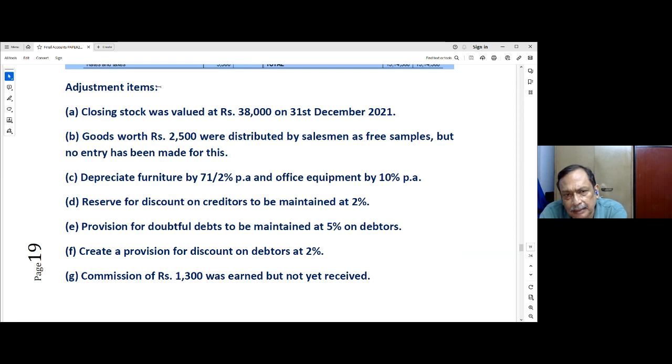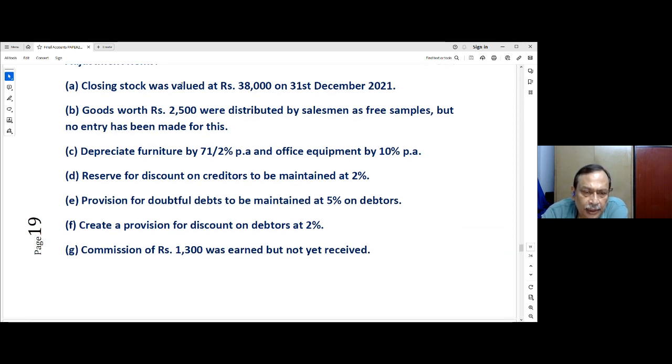Depreciate furniture by 7.5% per annum and office equipment by 10% per annum. Reserve for discount on creditors to be maintained at 2%. Provision for doubtful debts to be maintained at 5% on debtors. Create a provision for discount on debtors at 2%.